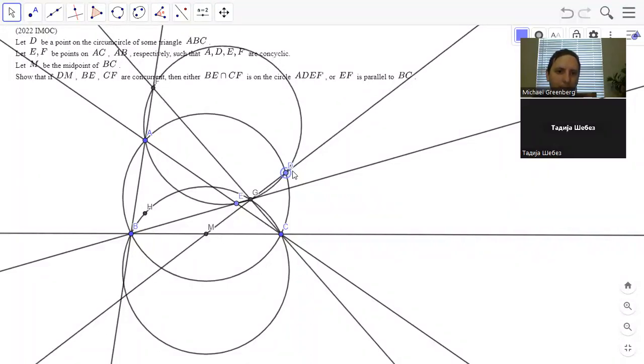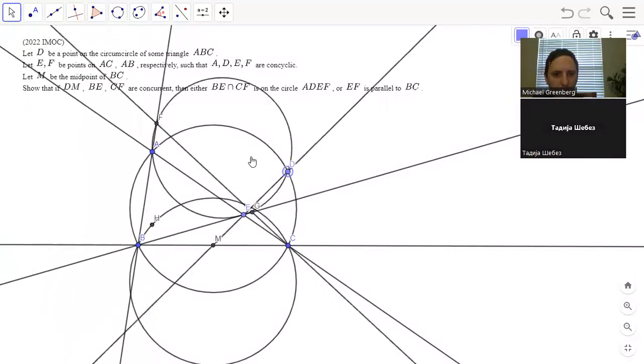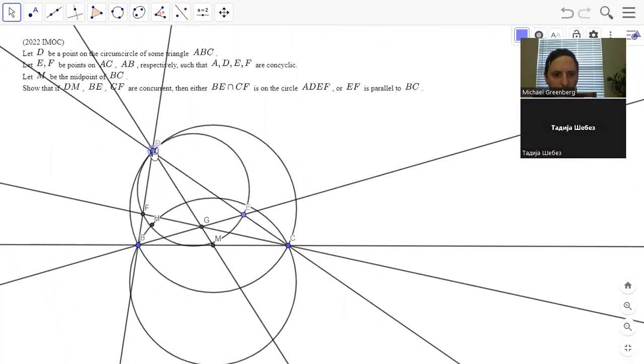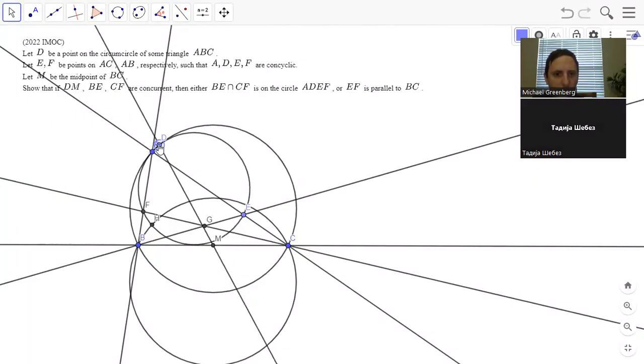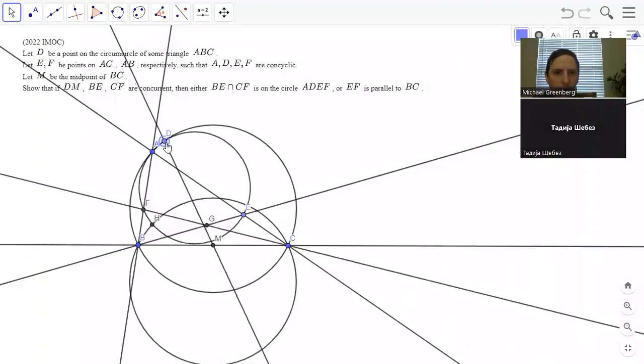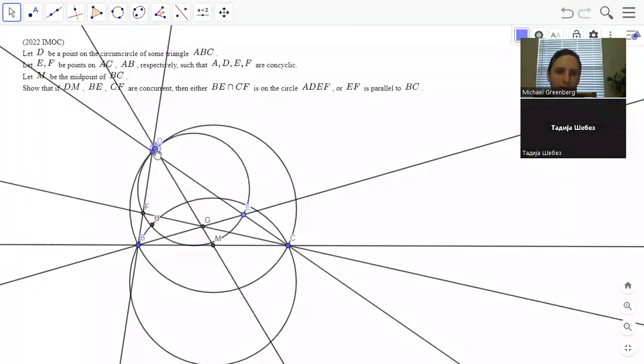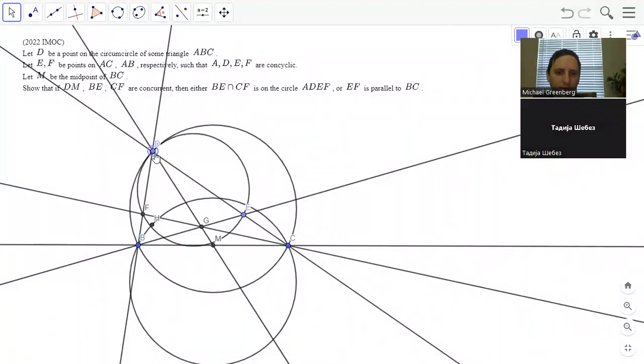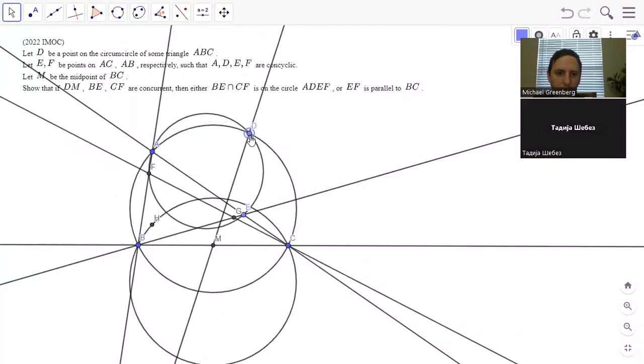I see. So either D equals A, but if D equals A, then the circle ADEF is just AEF, and you have the parallel situation.